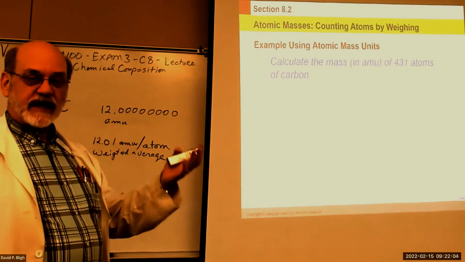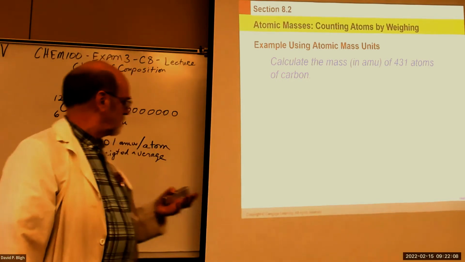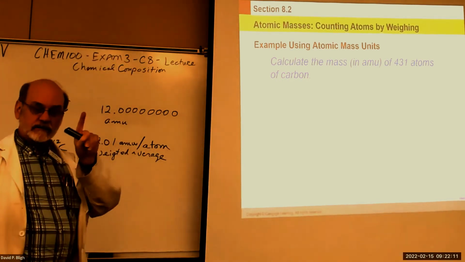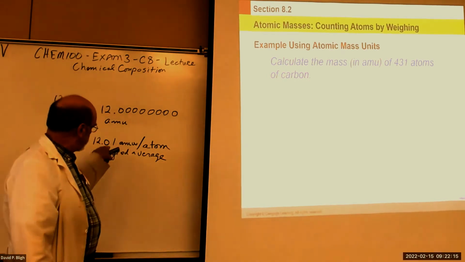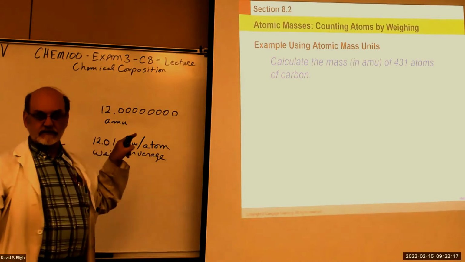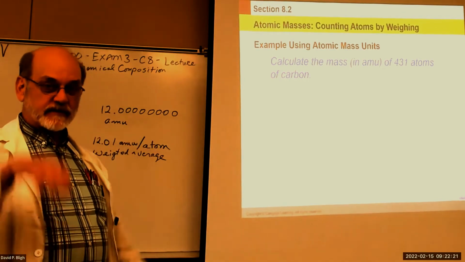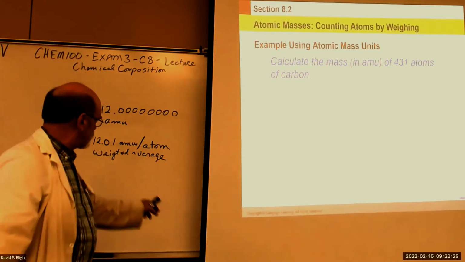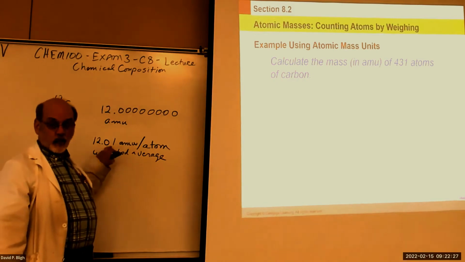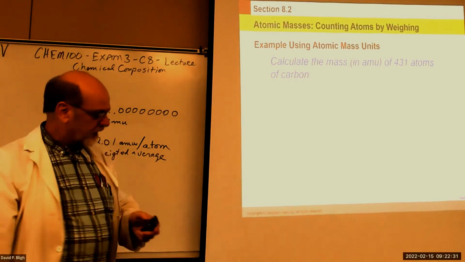Now, if you go into nature and you isolate one atom, what are the chances that you're going to find one atom with that mass? The probability of finding one atom with that mass is 0. Because this is not derived from a single atom. It's a weighted average. So don't make that mistake.